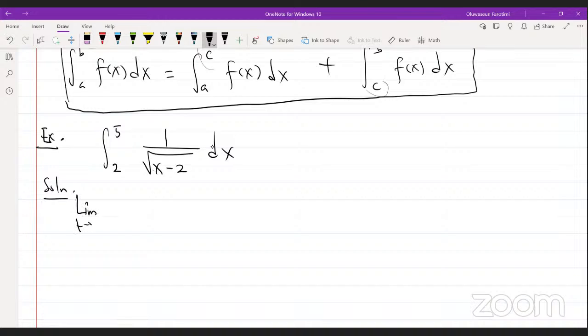So, solution: the limit as t goes to 2 from the right of this guy. I just want to show you that this guy is undefined, which implies that this actually means the integral is improper.